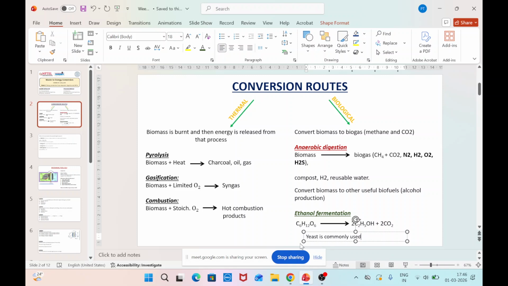Here we have to remember a few things. In the ethanol fermentation process, we try to extract ethanol from glucose using fermentation with the help of yeast. The entire fermentation process can be divided into a series of steps, just like in anaerobic digestion.